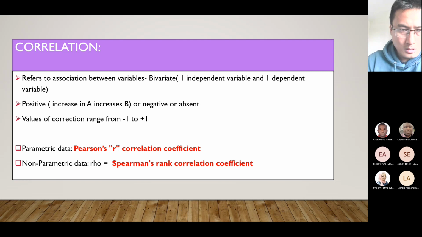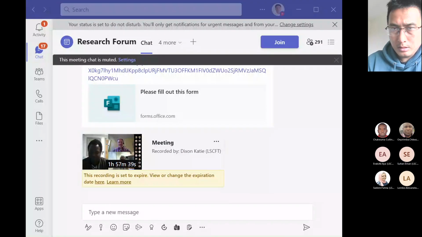Still the same page, slide 180. Is it possible to stop sharing and then share again?